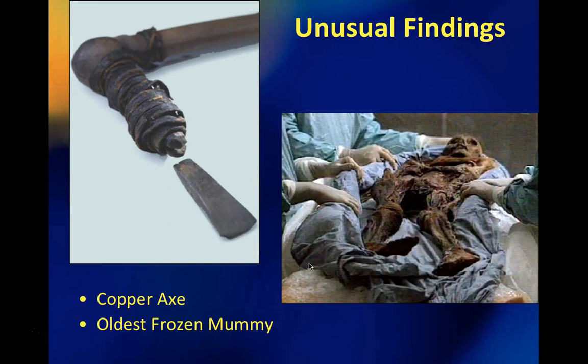So he, just as one single individual, contributed an amazing amount of information to our knowledge of how our ancestors, at least this individual, and his everyday affairs and his everyday equipment survived and went about his business.